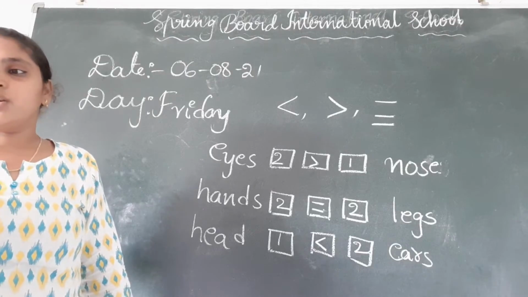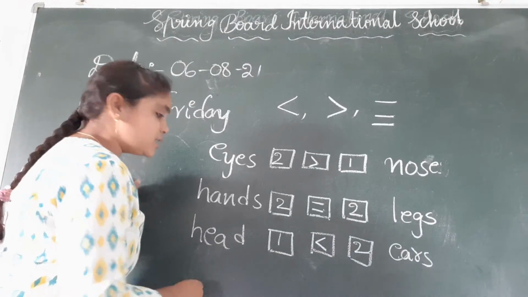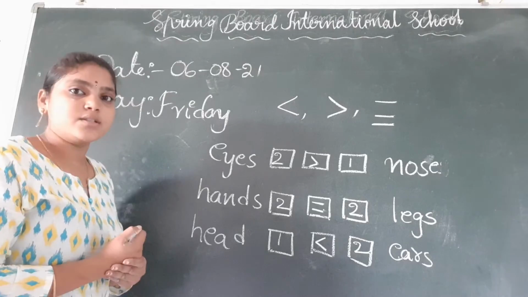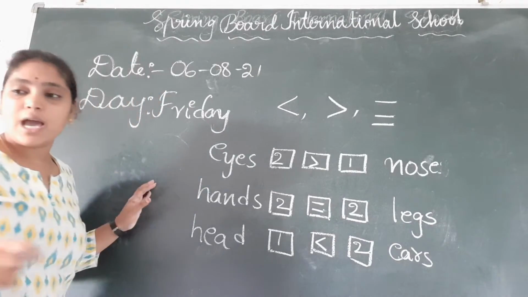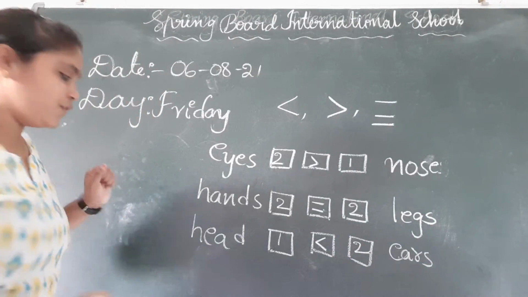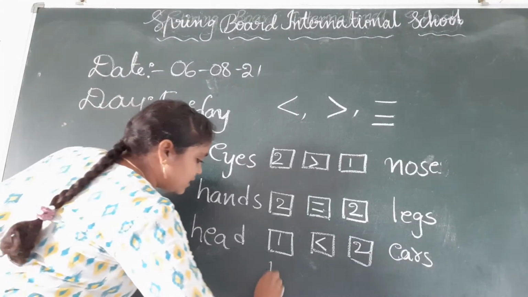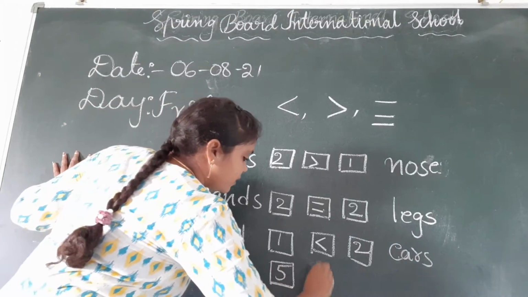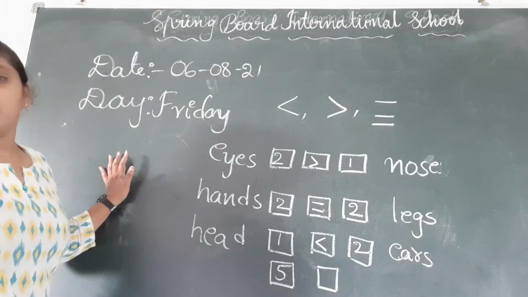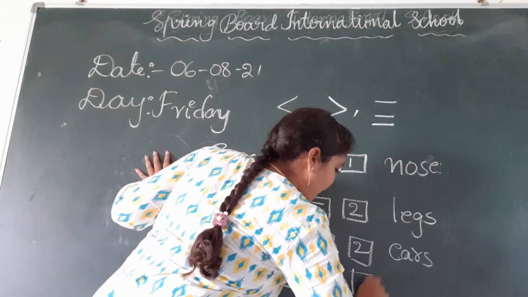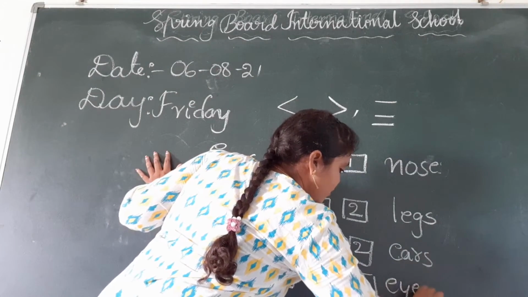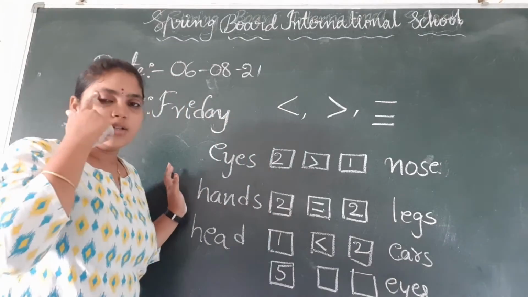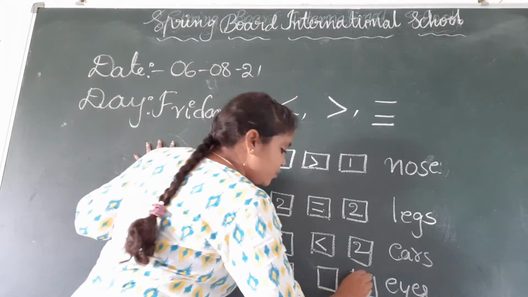And the last one, toes in 1 foot. So count the number of toes. How many do we have in 1 foot? You have 5 toes. So write 5. And how many eyes do we have, children? Count it, 1, 2. We have 2 eyes.